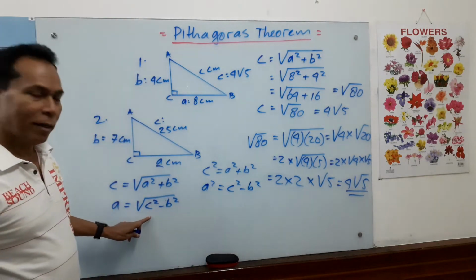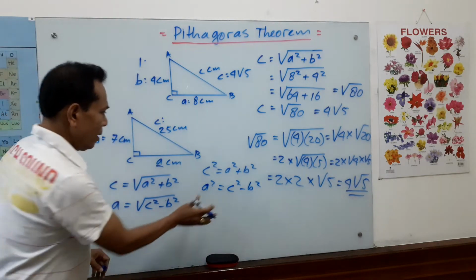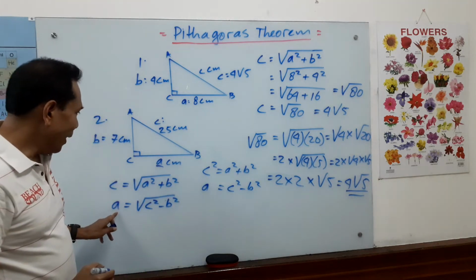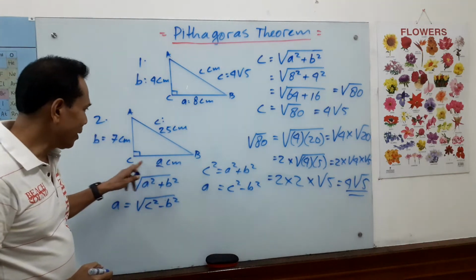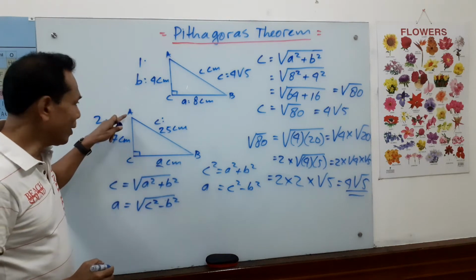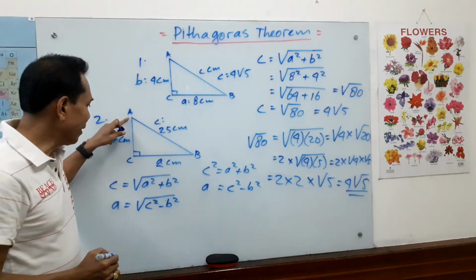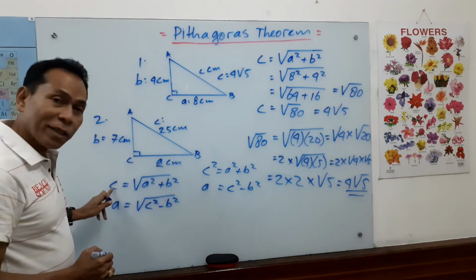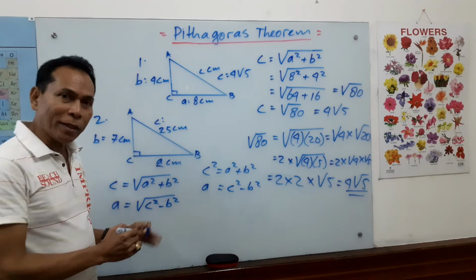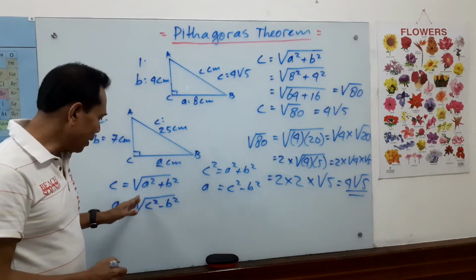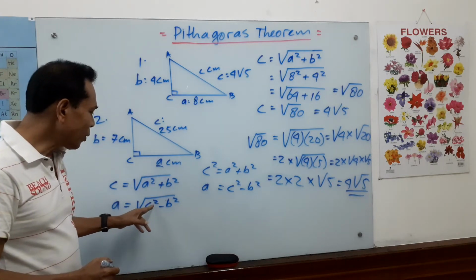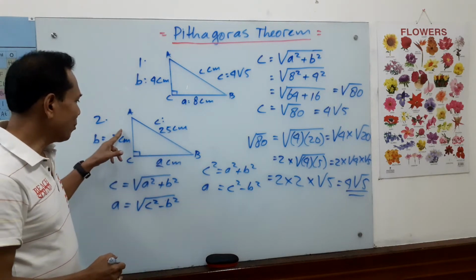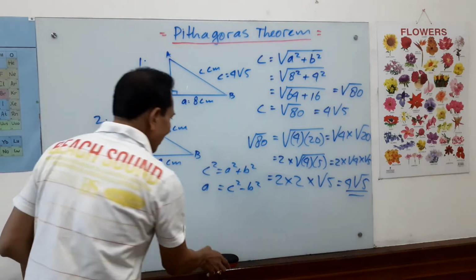We take this out and put it under a square root. So A equals the square root of C square minus B square. So we work on this.